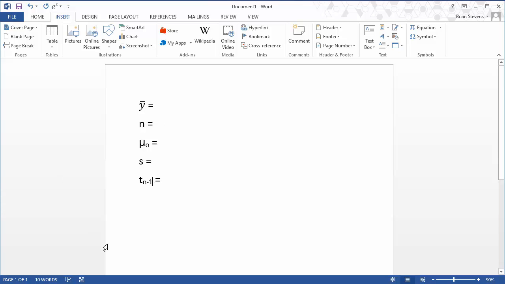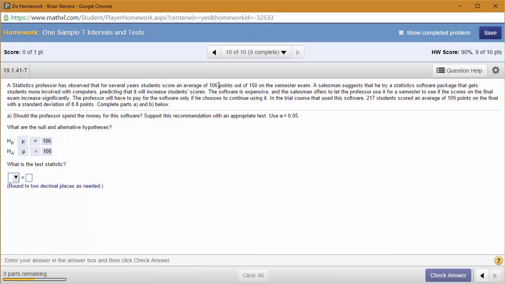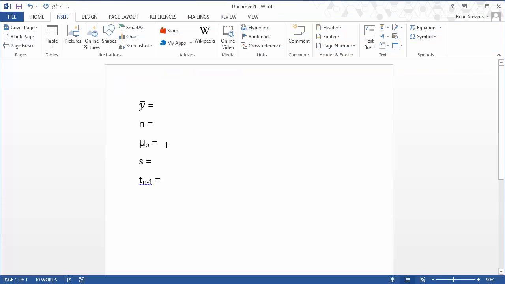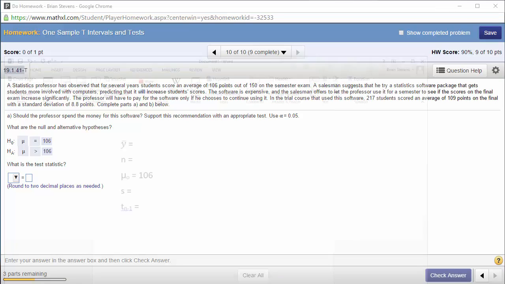There we go. So putting the notation in is key. His students score a 106, and I put this in the mu naught spot. Very important. So nice and easy. 106 goes in here. Next, we have our sample size. 217 students was the sample.